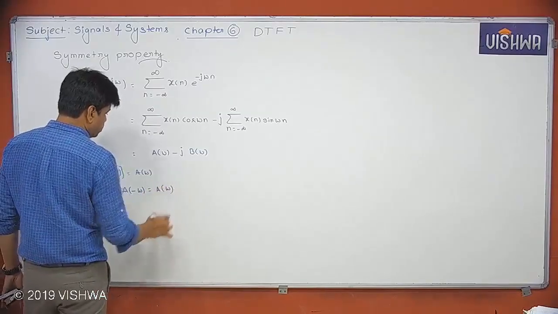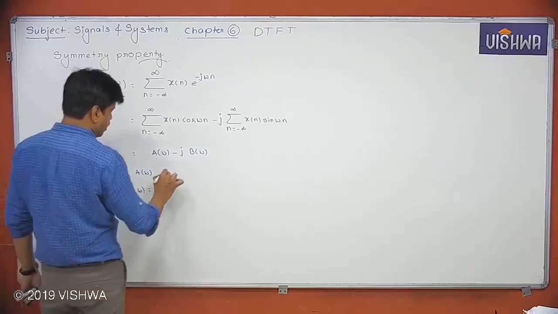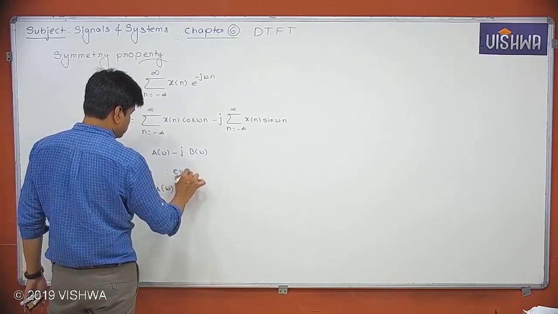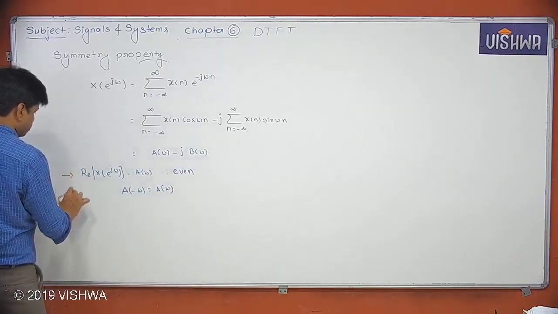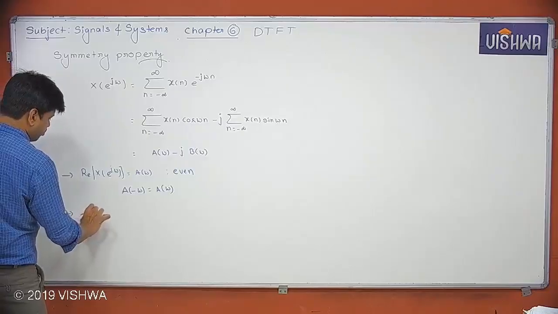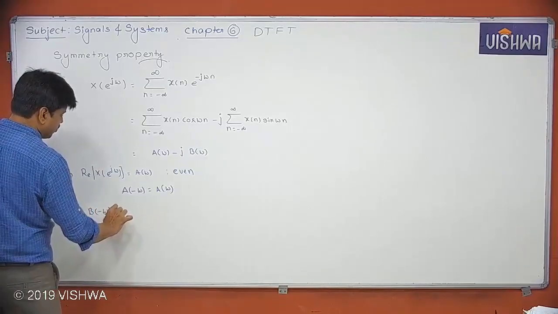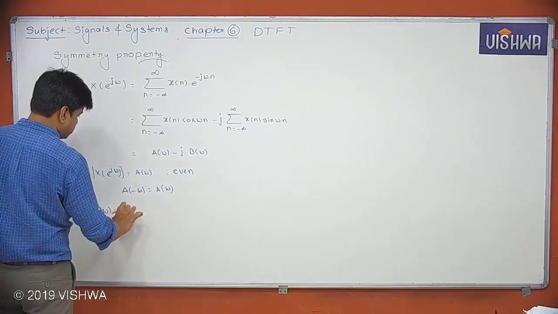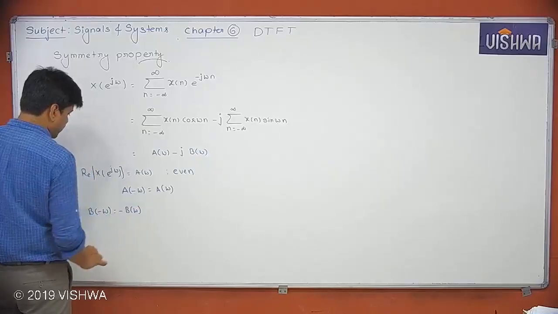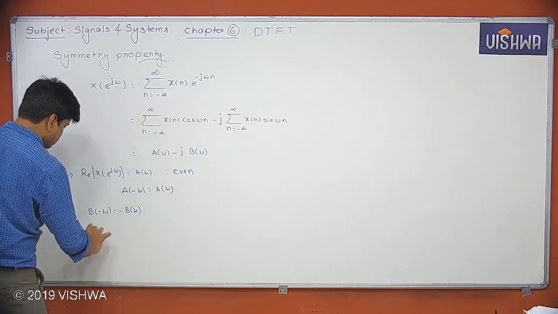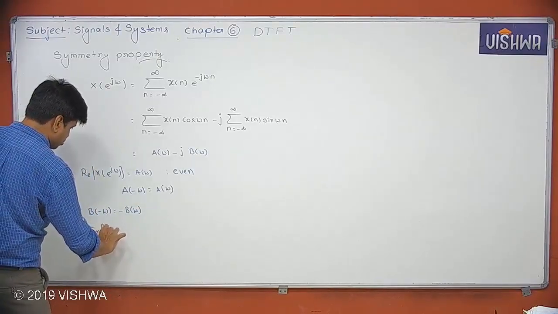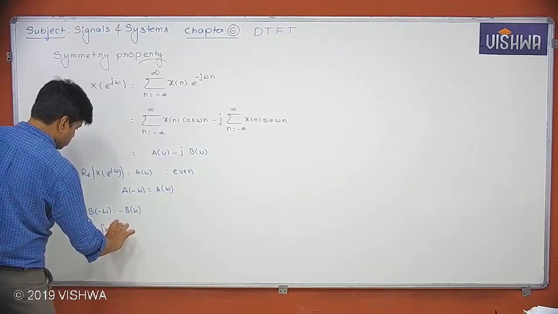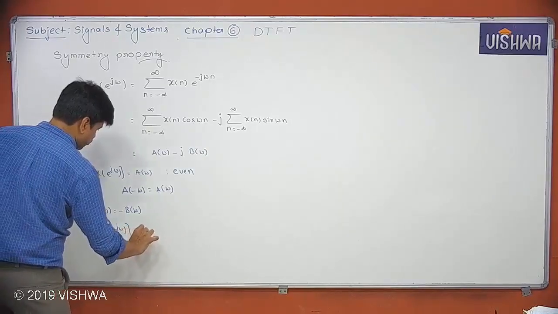So from this we can say the real part is an even function. In a similar manner, B of minus omega will become minus B of omega. So the imaginary part of X of e power j omega is going to be an odd function.